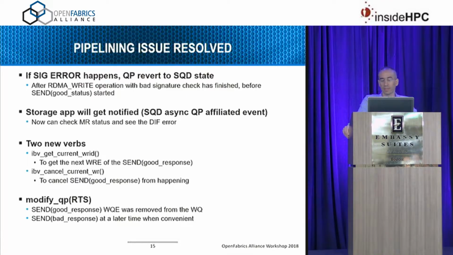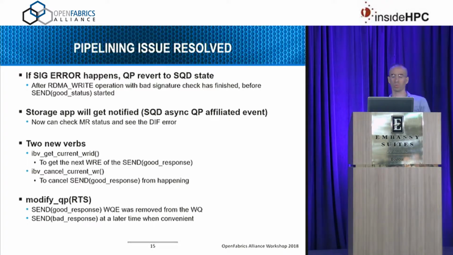So in SQD state, as I said, the QP stopped processing its send queue portion of work request elements, but you can still, as defined in the spec, continue posting WQEs. They won't be processed. So in our case, we would like to pop the last work request element on that send queue that was not processed and basically eliminate it, cancel it, because that work request element described a good response.